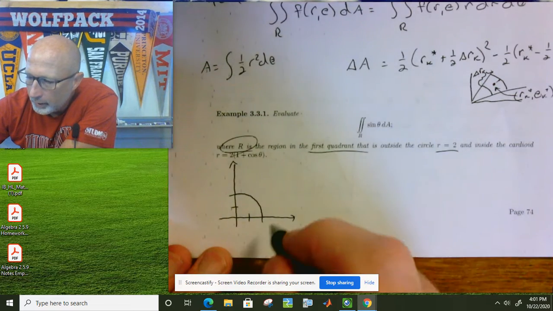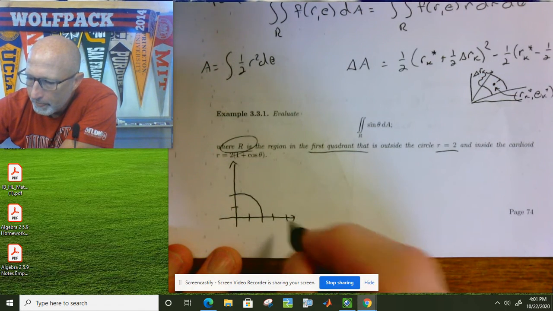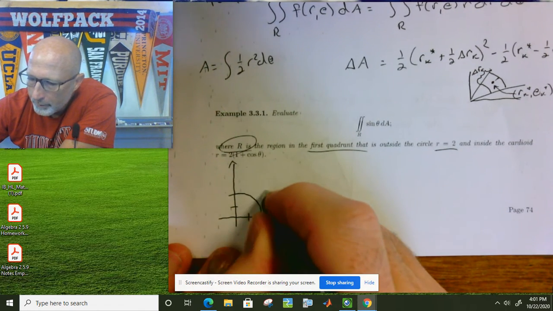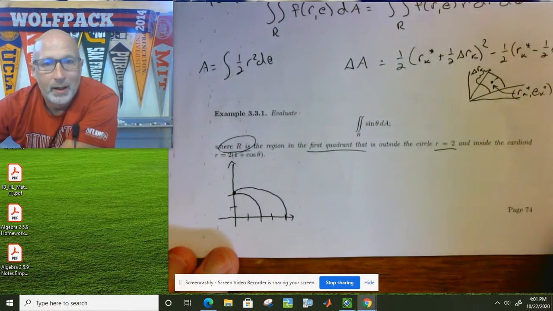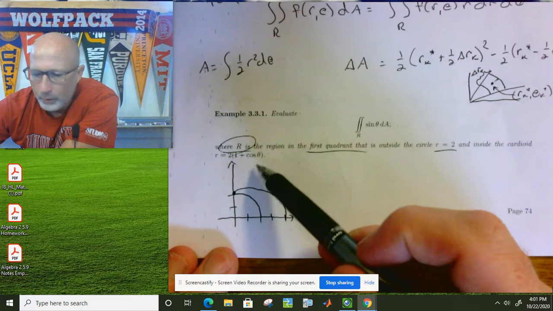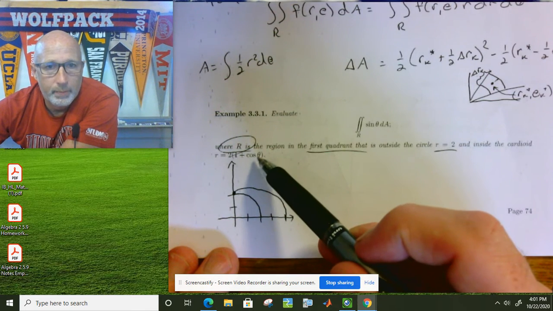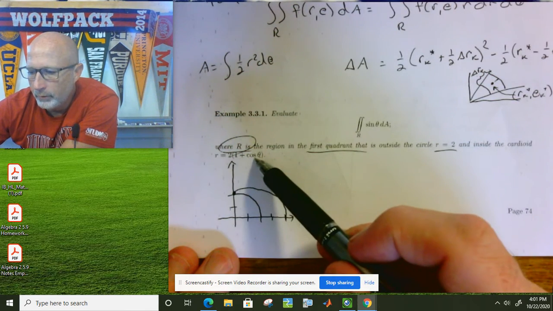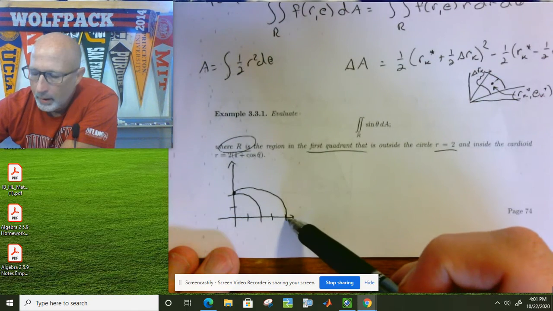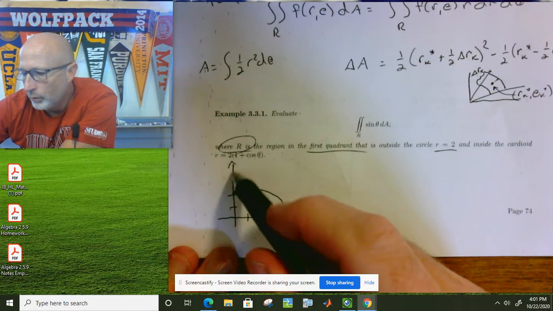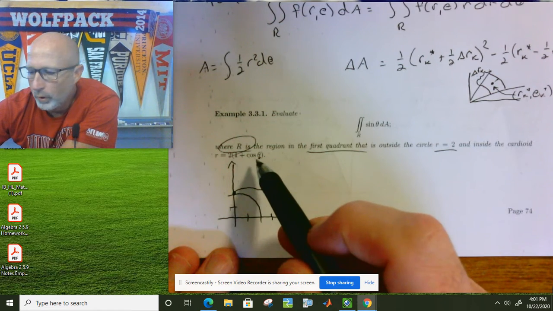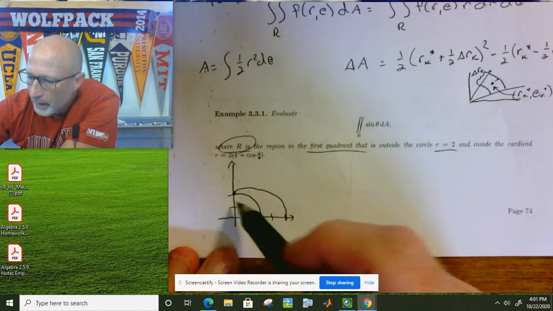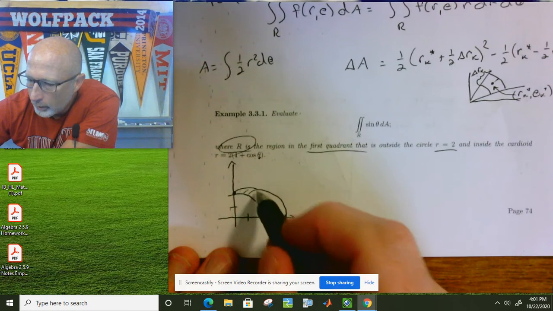Well, that looks like this. If you don't understand why, if you plug in theta equal to 0, cosine is 1, 1 plus 1 is 2, 2 times 2 gives you 4. And then this is pi over 2. If you plug in pi over 2, cosine of pi over 2 is 0, 0 plus 1 is 1, 2 times 1 gives you 2. So this is the region R, which I want.